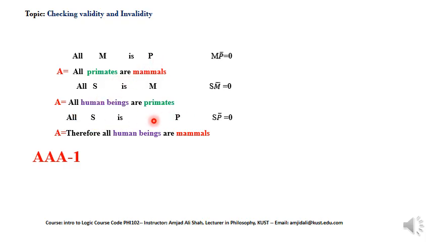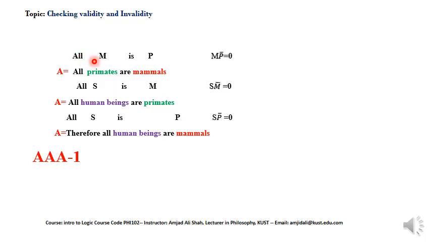It's always SP. Students, you must remember, most of the time students commit a mistake. The standard form categorical syllogism means that the major premise should be the first one, then the minor premise, and then the conclusion.